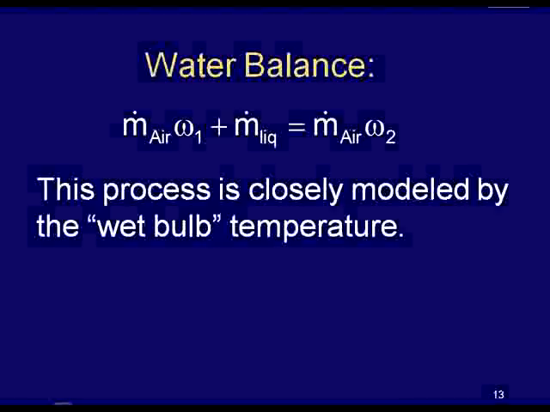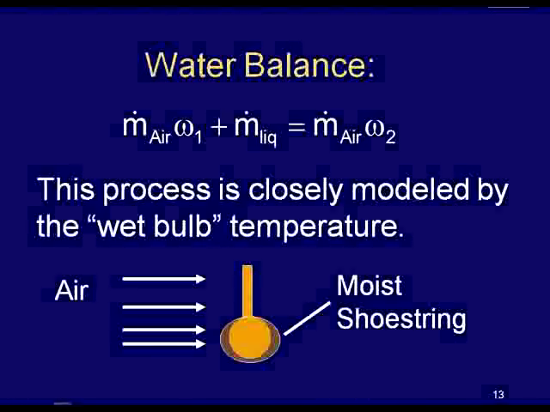Now this process is closely modeled by what we call the wet bulb temperature. What we do is we put a sort of wicking material onto here that soaks up water. You could use a shoestring and moisten it. Blow air across here, and as the water evaporates, it cools the air, and this temperature will drop below what we call the dry bulb temperature, where there is no shoestring.